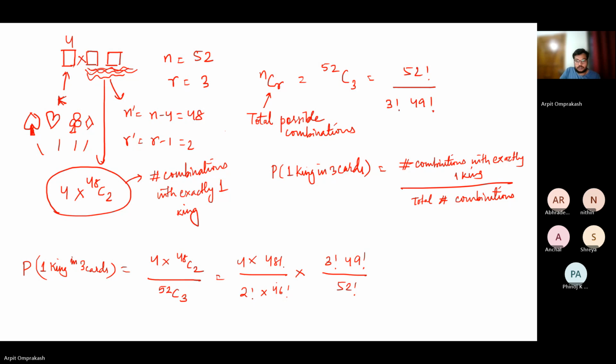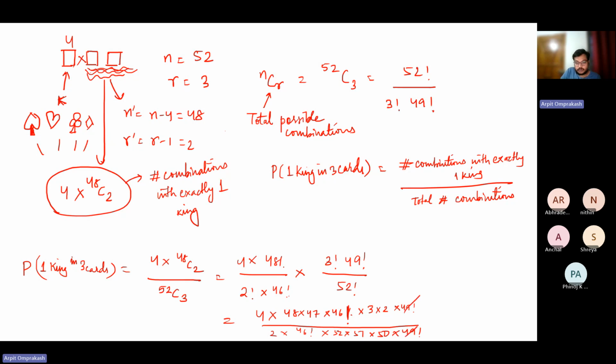So we'll just expand this. We have 4 into 48 into 47 into 46 factorial, into 3 into 2 into 49 factorial, divided by 2 into 46 factorial into 52 into 51 into 50 into 49 factorial.